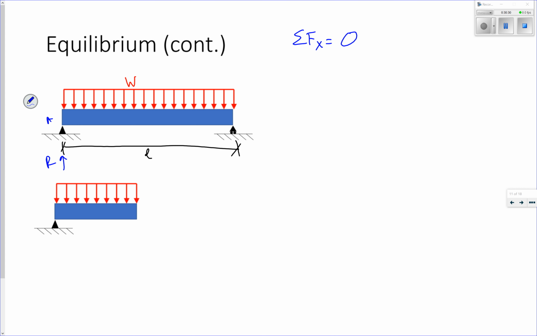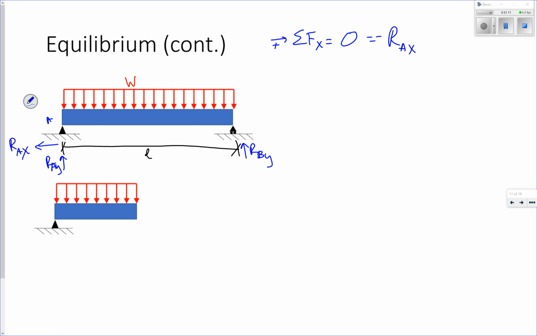If this is A, I have my reaction at A in the y direction and my reaction at B in the y direction. And this is a pin over here, so it has a horizontal component, but we don't have any type of horizontal loading, so my horizontal reaction at A is going to be equal to 0. If I make right positive, but it doesn't matter, negative over 0 is still 0.